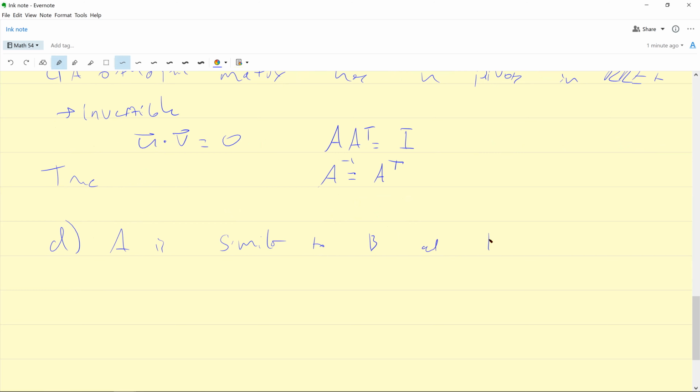Then D. A is similar to B, and B is orthogonal, then A is orthogonal.